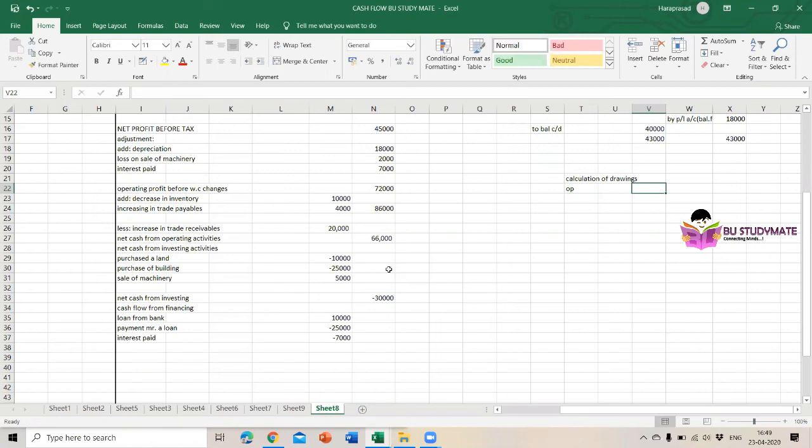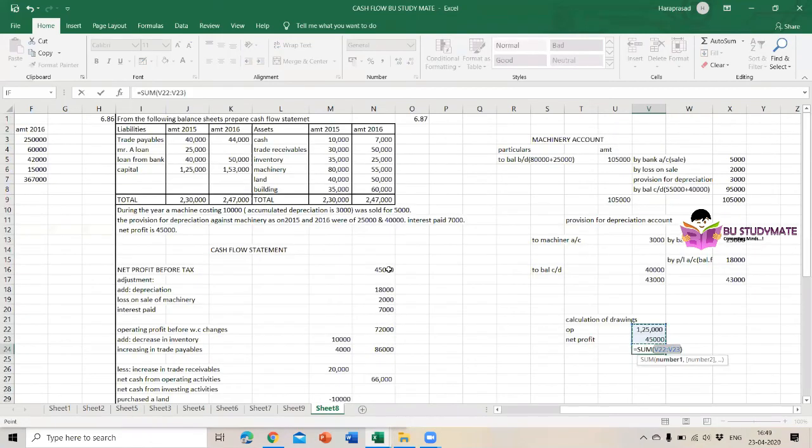So total we will get how much? 1,70,000. Then we have to deduct the closing balance. Closing balance is 1,53,000. One lakh 70 minus 1,53,000, that is 17,000, the drawings.